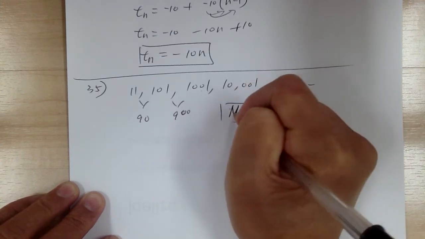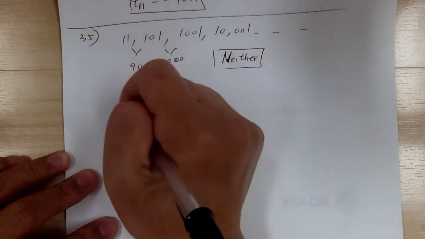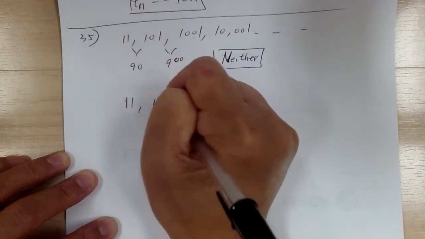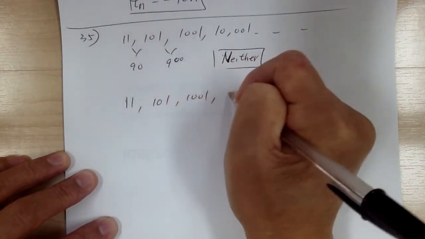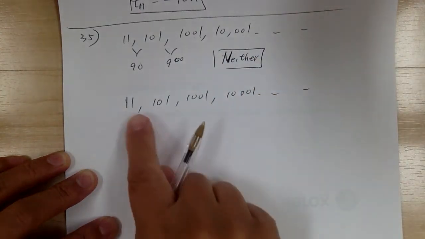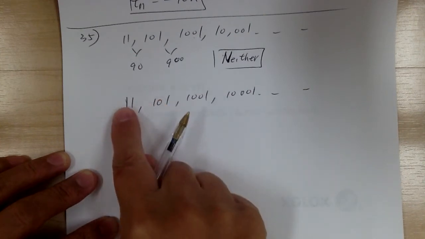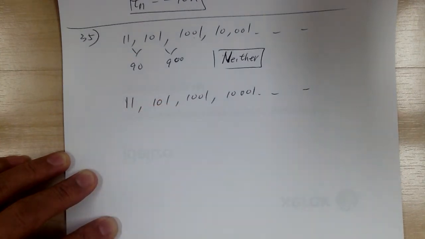Now, if it's neither, you have to look for a pattern. So what you do is try to figure out a pattern. For this one, notice that it keeps increasing by tenfold, right? So multiply by 10, but there's a 1 that kind of messes things up.